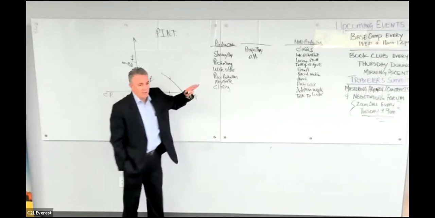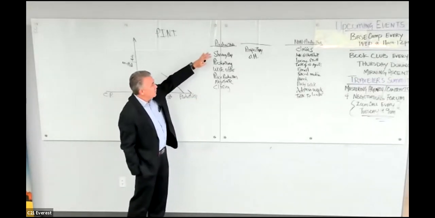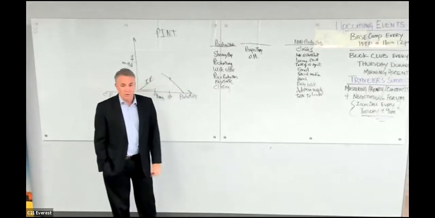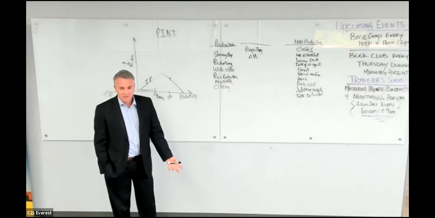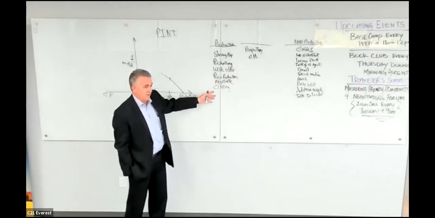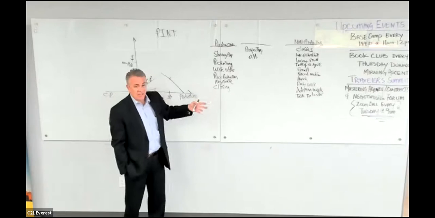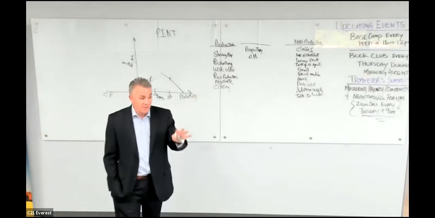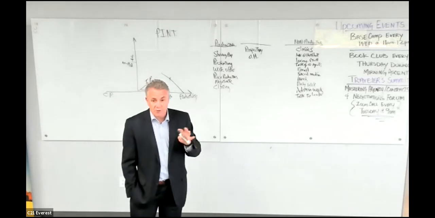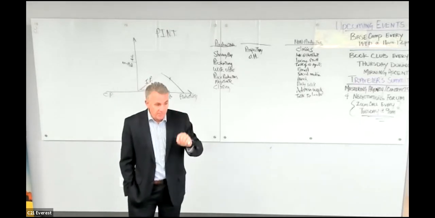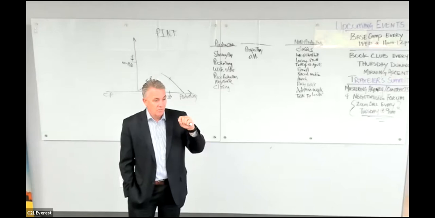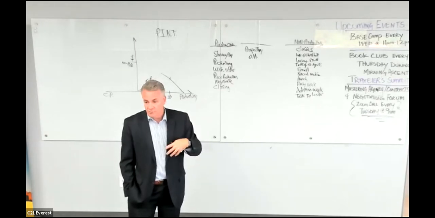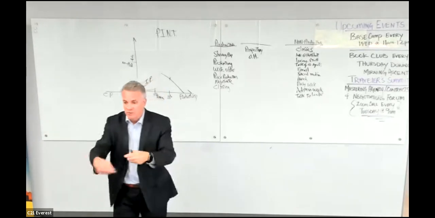So here's my point in that. Notice that the most productive thing we can do with our time is this, but it also doesn't just happen. The public thinks, and by the way, in case you didn't know this, that when you got your license and came to work here, we're just giving you business.